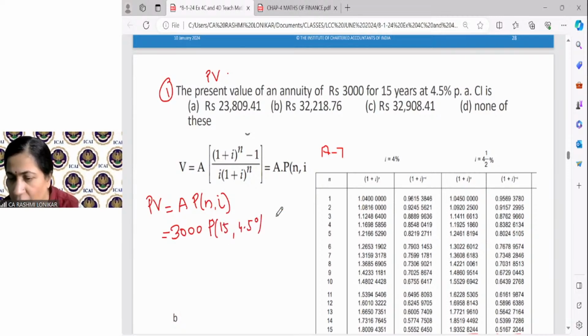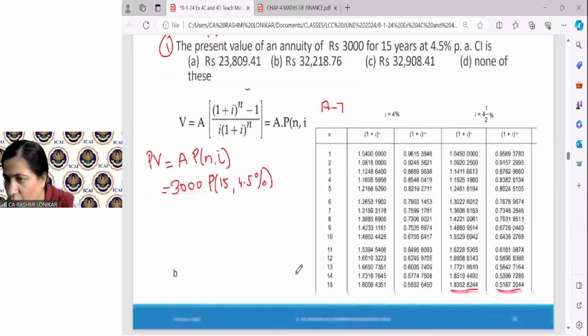Now, sometimes they will give you this value, but other times what will happen? Now I have to see 4.5. So I have just taken a screenshot of the index of the appendix tables that you have. So here can you see 4.5? Okay, 4.5. And over here it is 1 plus I raised to n. Even if you can't see it, I'm writing it over here. And this is given as 1 plus I raised to minus n.